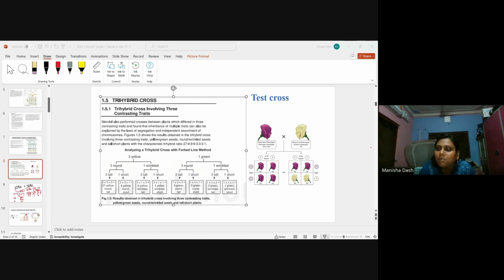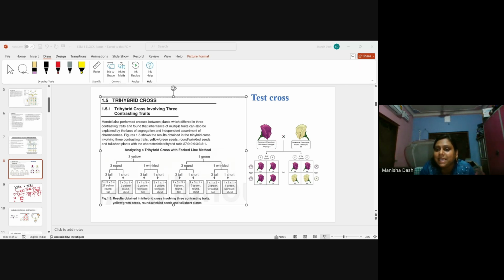Now, depending upon the possible genotype of the purple flower, you can observe two different outcomes of the test cross. If the purple is homozygous dominant, all the gametes will only have the capital P. And when this capital P combines with the small p of the recessive parent, all the offspring will appear purple in color.